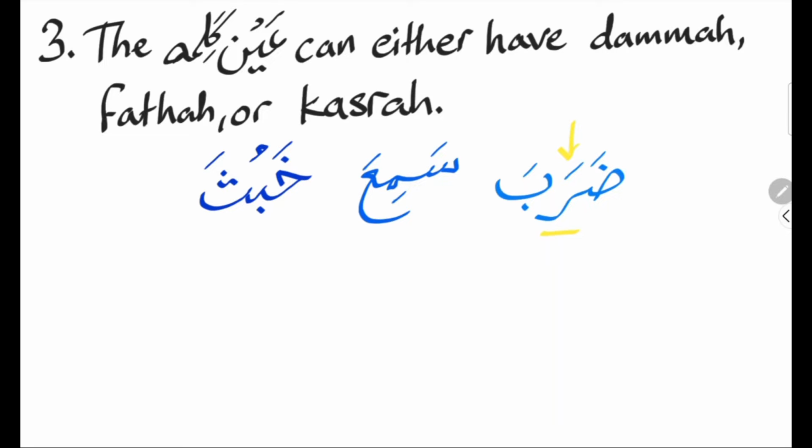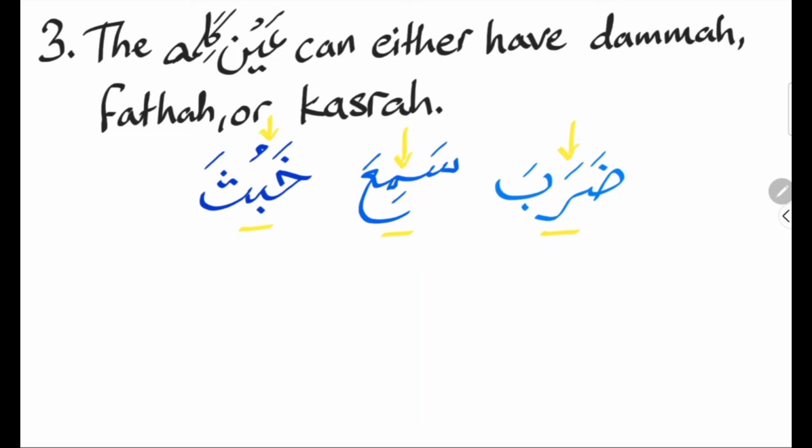If we look at the second word, sami'a, the middle letter, mim, has a kasra. And in the third word, khabutha, the middle letter or the ayn kalima is ba, and ba has a dhamma. So as you can see, all of these are varying.